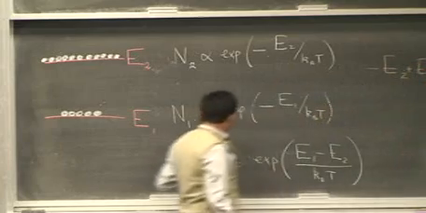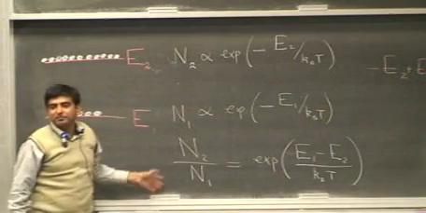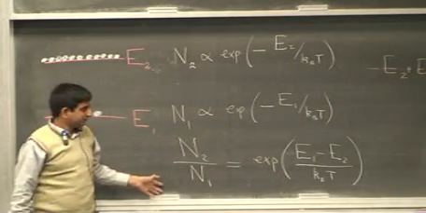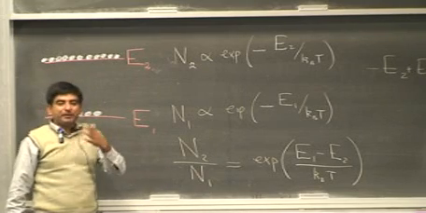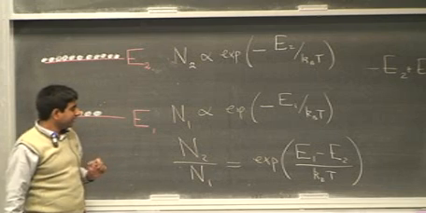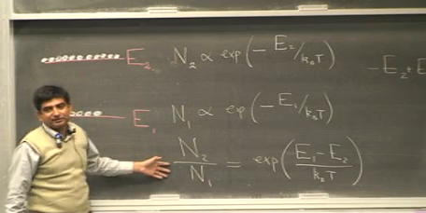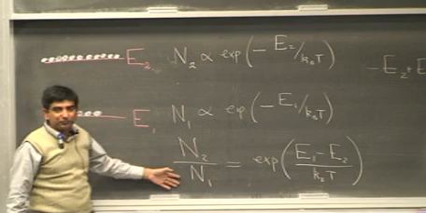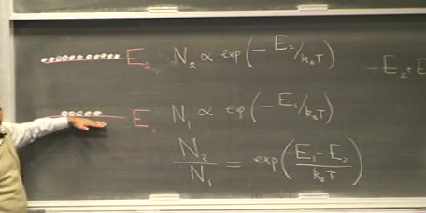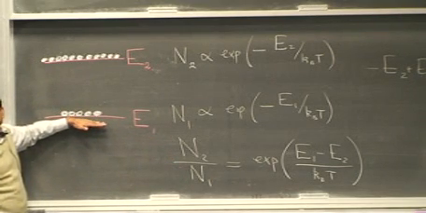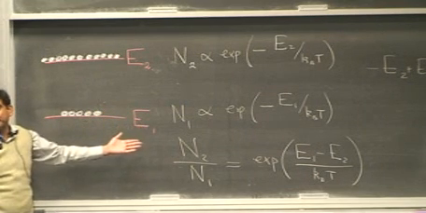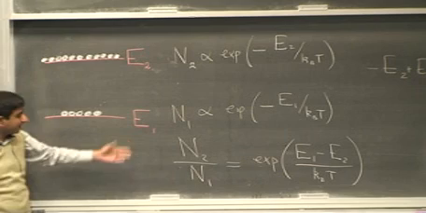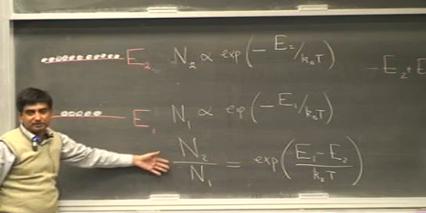So this is the ratio of the populations. Generally what we have in equilibrium conditions is that this is less than 1, which means N1 is higher. The lower energy has a higher population. That's the equilibrium situation. That's what the Boltzmann relationship dictates. Correct? That this is less than 1.